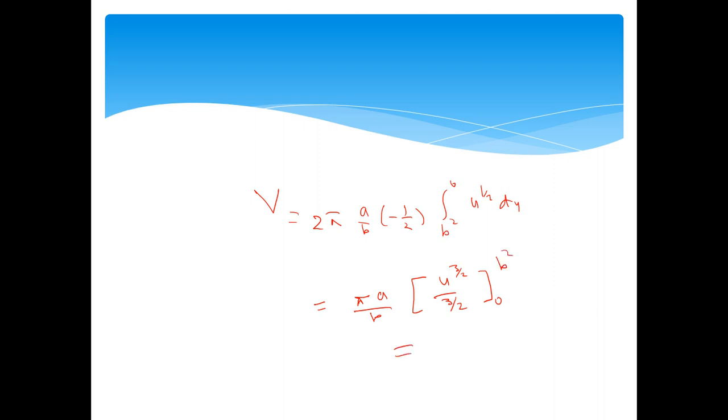And that should give you at the end 4 over 3 pi a b squared. This is in cubic units. That's it.